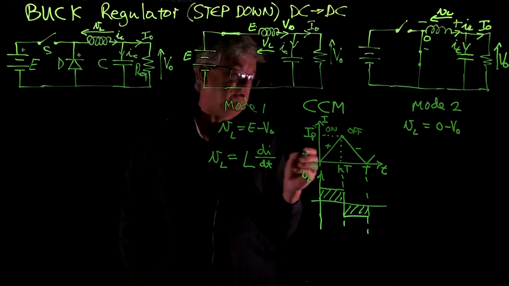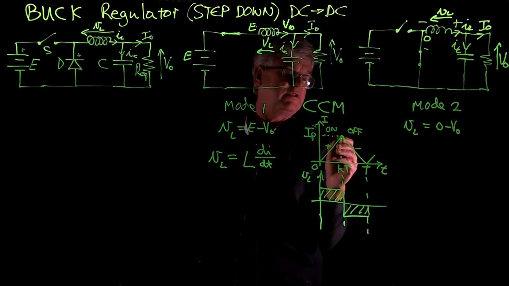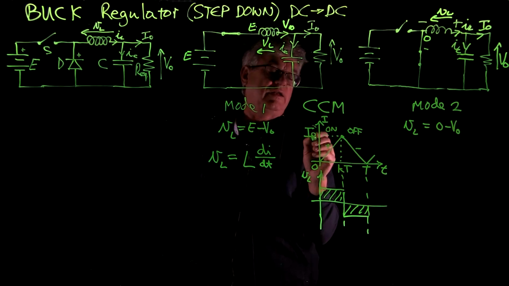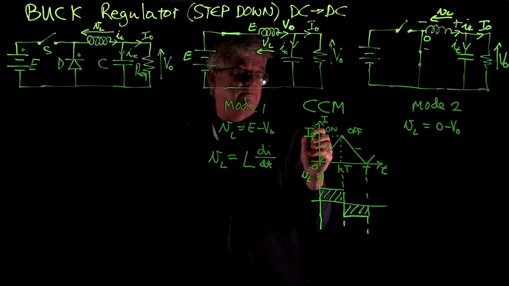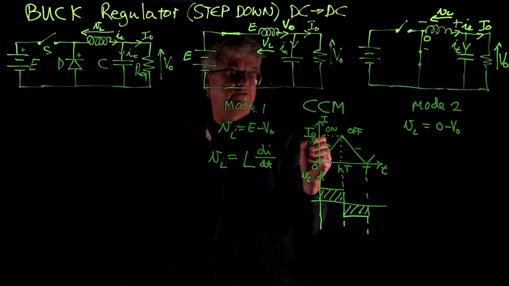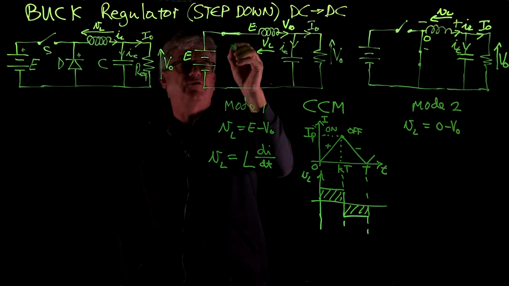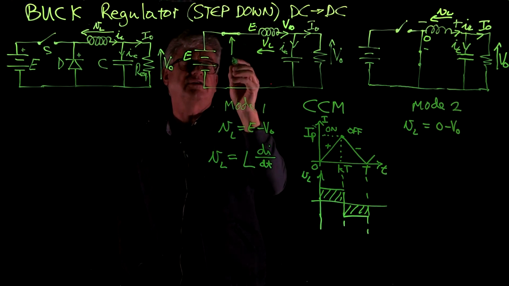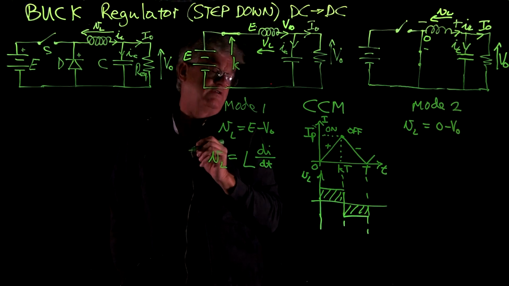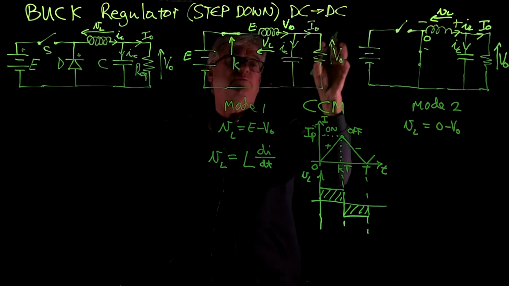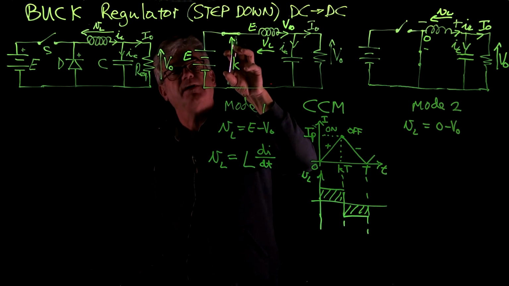So if we can get an equation for IP during the time that the switch is on, and we can get an equation for the time that the switch is off, then we can eliminate IP and in that way solve for a transfer function which shows us the ratio between V out and E, and if we denote the duty cycle of the switch as K, then we can solve for a formula that will give us the output voltage for any given input voltage if we know what the duty cycle of the switch is.